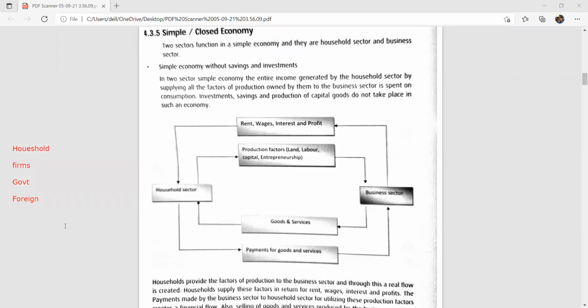So when these two are there, it is a closed economy, in other words, a two sector economy. Then the next, when these three are there, it is called a three sector economy.